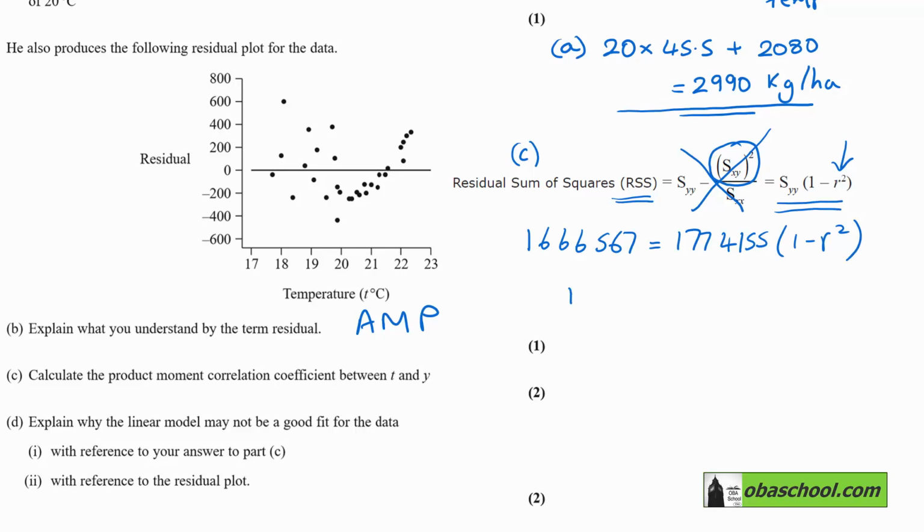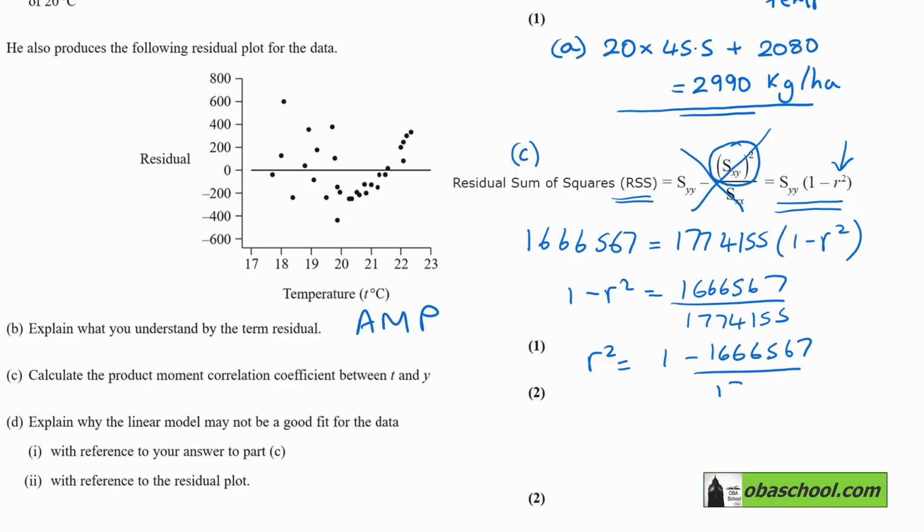So we're going to get 1 minus r squared is going to be 1666567 divided by 1774155. So r squared is going to be 1, take away that division there, and just evaluate and square root, and we get r is equal to 0.246, giving that to 3 decimal places there.